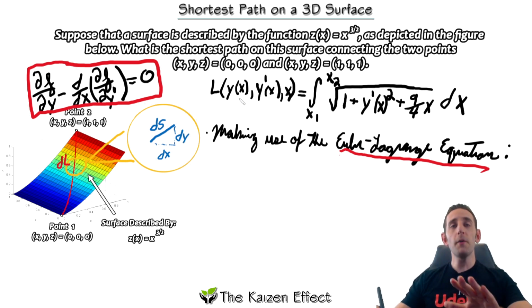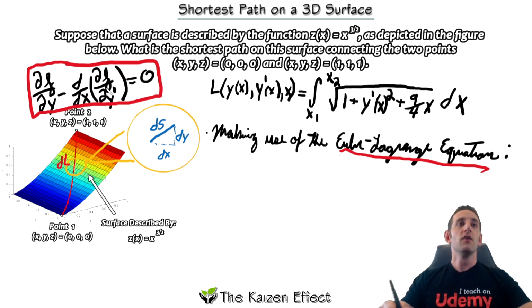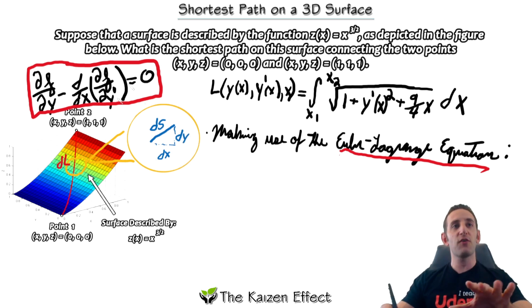We're going to minimize this functional by making use of the Euler-Lagrange equation just as we did throughout our videos. In our videos, we found that the Euler-Lagrange equation is the following. If the function f conforms to this equation, that guarantees that this curve, which is described by f, is going to minimize the distance between these 2 points.